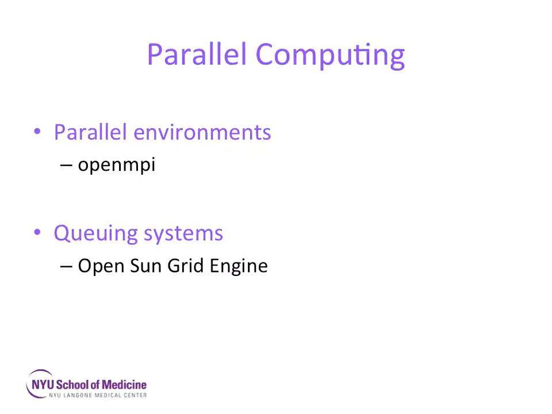Your code needs to be written to utilize a parallel environment, so it needs to have particular directives in it that tell the machine, I am using parallel processes, so provide them for me. There are several different types of them. What we have majorly on our machine and use very often is OpenMPI. It's an open source message passing interface. MPI comes from there.